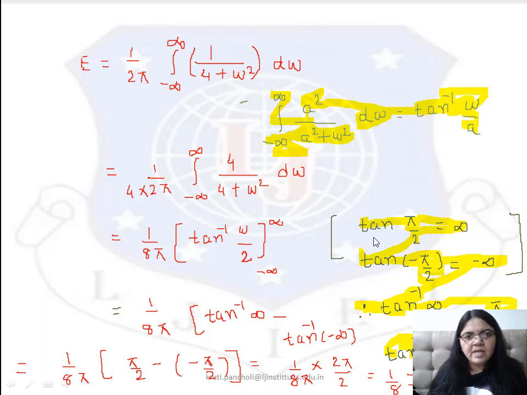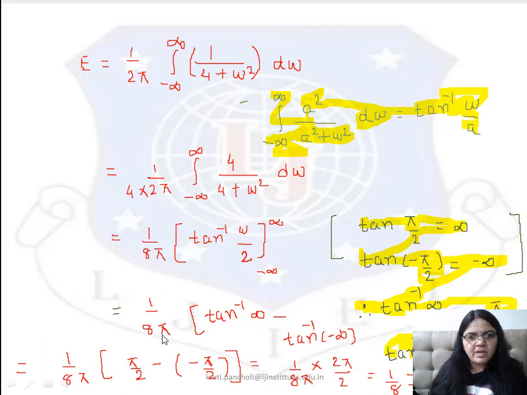So here we know that tan pi by 2 is infinity, and tan minus pi by 2 is minus infinity. So tan inverse infinity is equal to pi by 2, and tan inverse minus infinity is minus pi by 2. So now we are putting the limits.